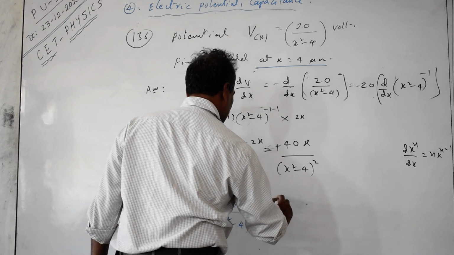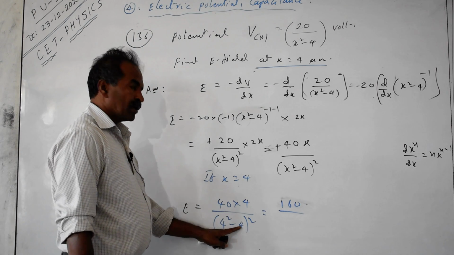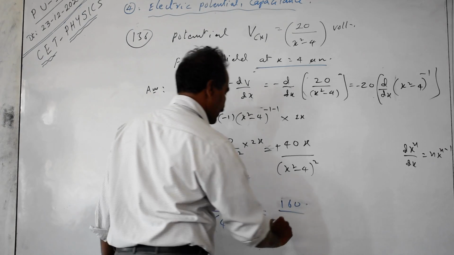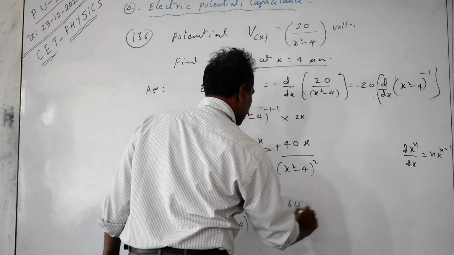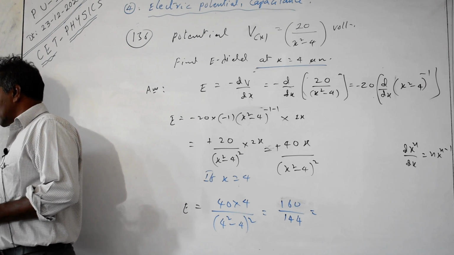This is 160 by (16 minus 4 is 12) 12 square, which is 144, which equals... check the options for that.